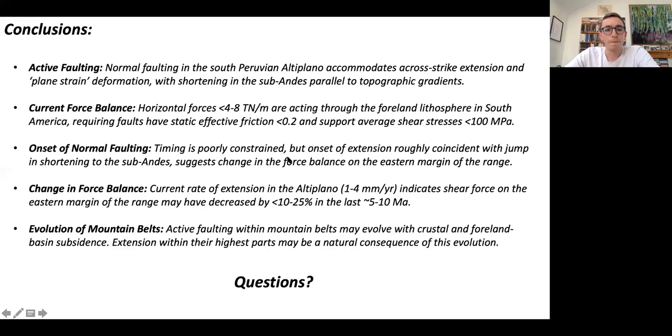The flat slab subduction doesn't seem to have much effect on which part of the mountain range is extending. You can see there's flat slab subduction underneath the Cordillera Blanca. There's no flat slab subduction underneath the section of southern Peru. There's lots of really nice work that's come out of people like Beck and Zandt in that region to map the geometry of the subducting slab.